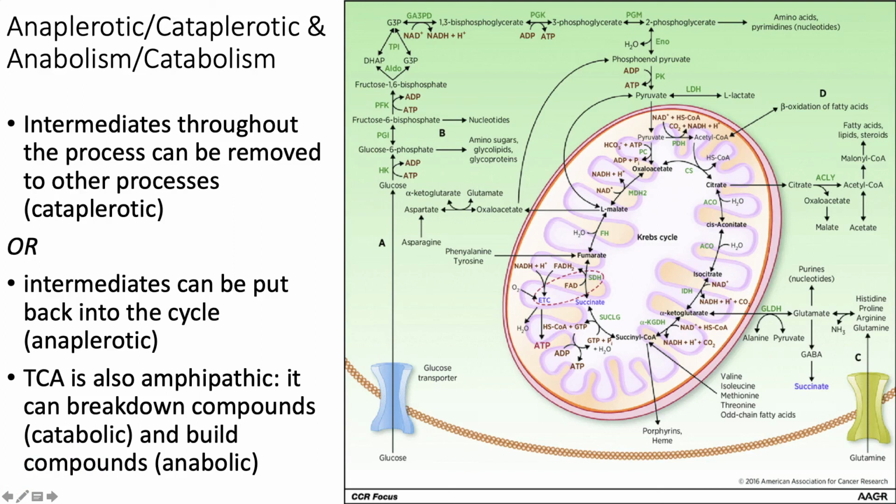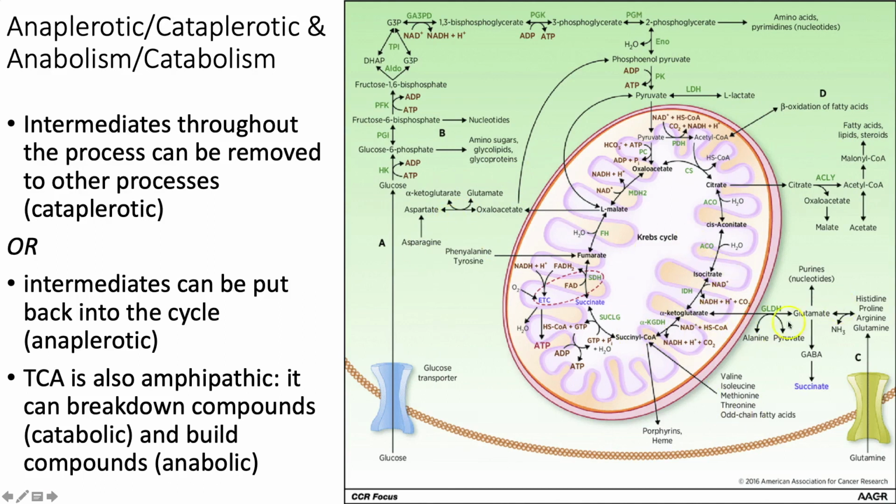If you look at this chart, there are tons of intermediate molecules that we can take out of the citric acid cycle and send to different places, okay? If you want to make fatty acids, you use citrate as the precursor. You use oxaloacetate to make a bunch of different amino acids. There's a ton of these different ones.